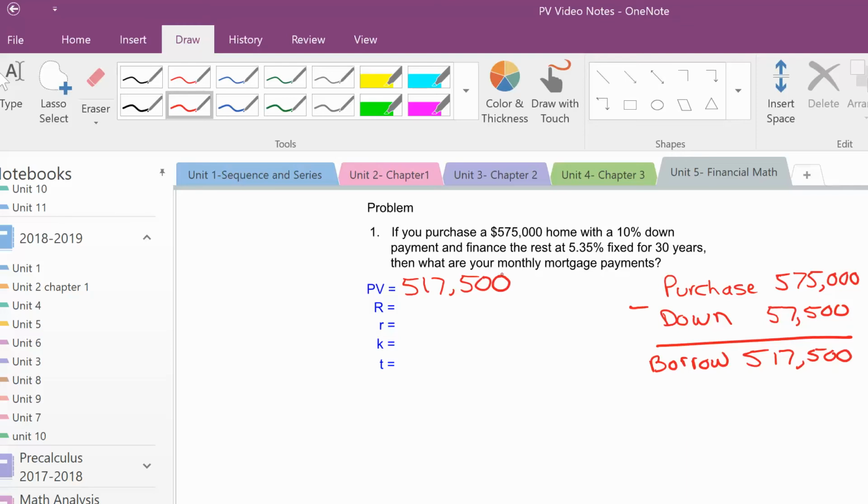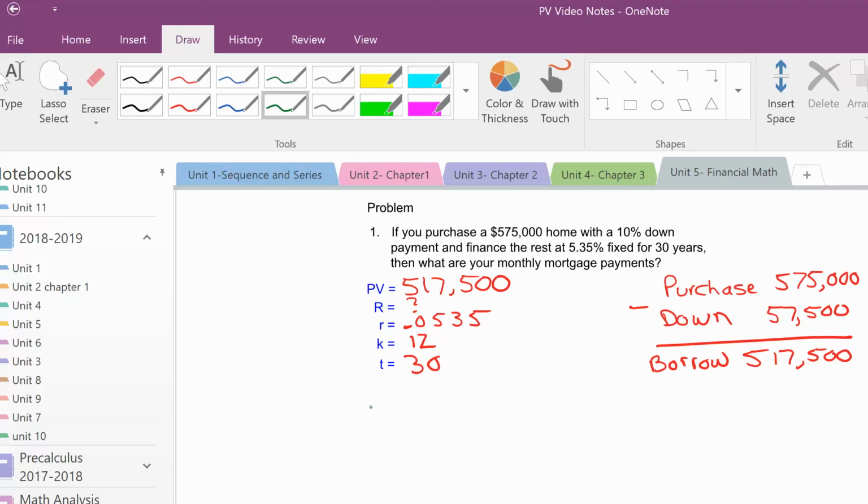So you do have to figure that out in a present value problem sometimes. Sometimes it's told to you directly, but sometimes it isn't. You don't know what the monthly payments are. The rate is 5.35% or 0.0535. Monthly mortgage payments, 30 years.